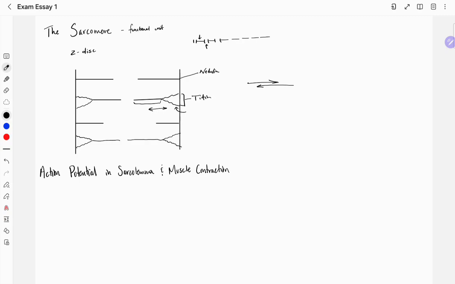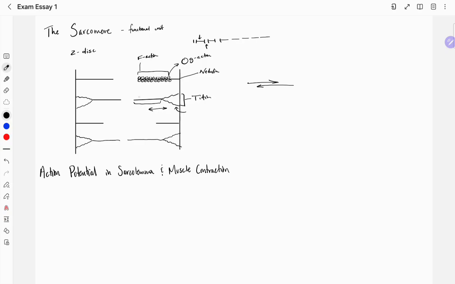So now that we see what a Z disc looks like and the components of it, I'm going to just draw here some actin. Each one of these little circles here is what we would call G-actin. And when you combine multiple of those together, you get F-actin.